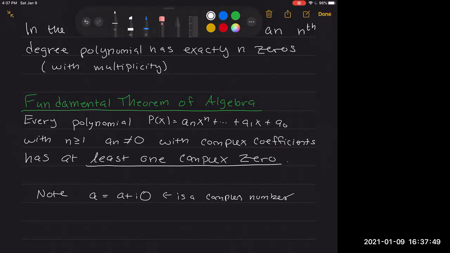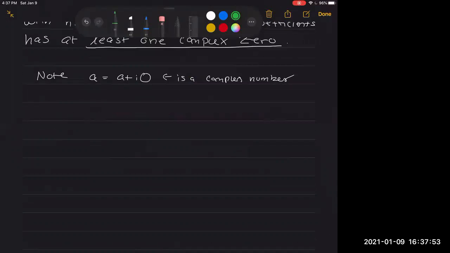So then for our next theorem, which I glanced at earlier, this is called the complete factorization theorem.